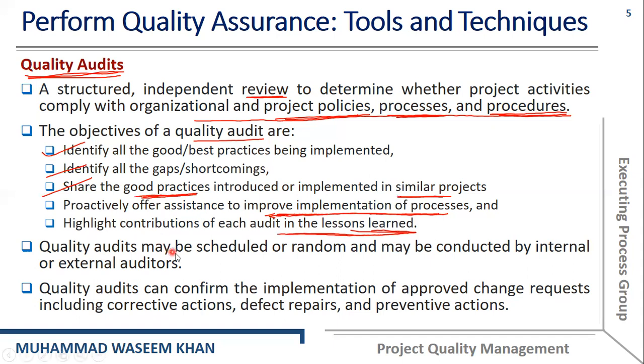Quality audits may be scheduled or random, or may be conducted by internal or external auditors. Quality audits can confirm the implementation of approved change requests, including corrective actions that are usually taken to perform changes or to repair defects, and preventive actions that are usually performed to prevent the processes from different defects or problems.